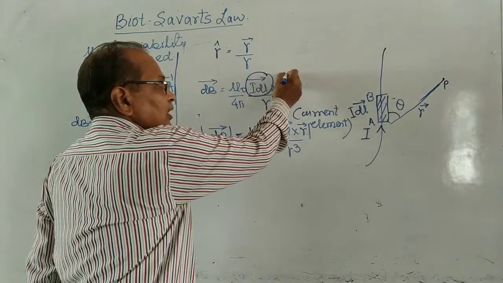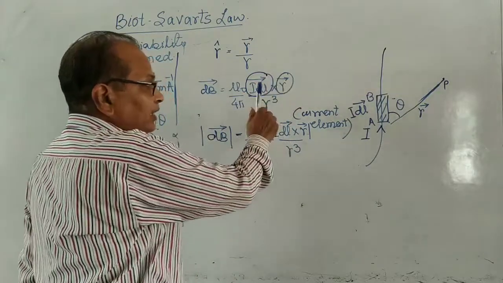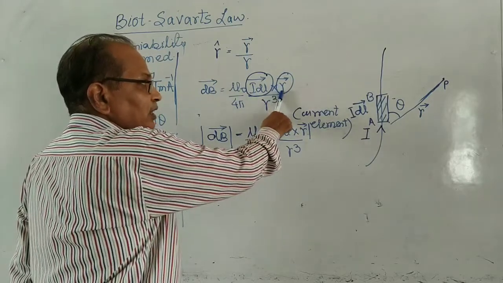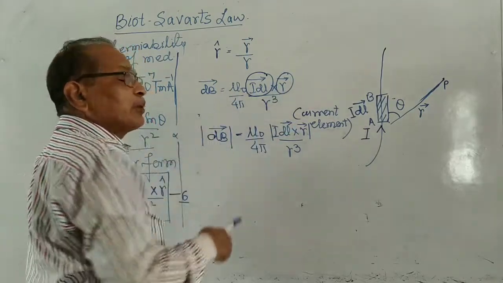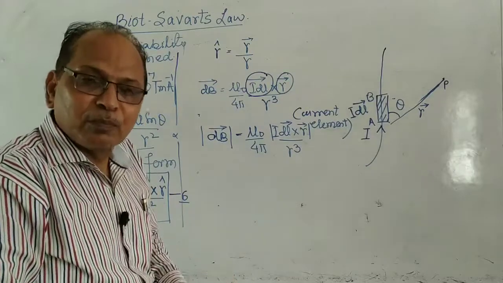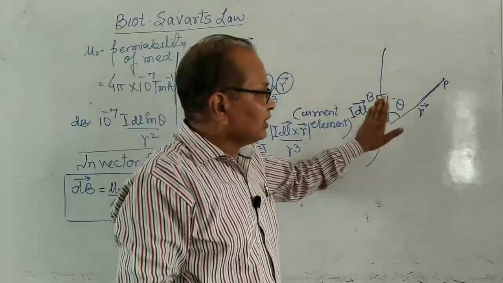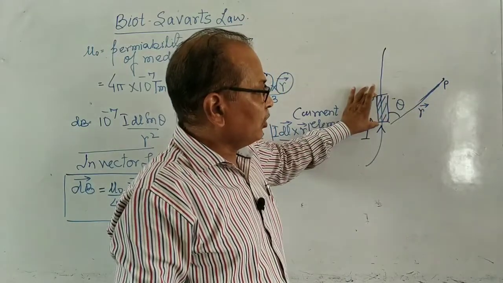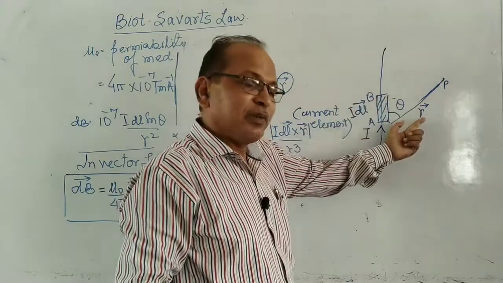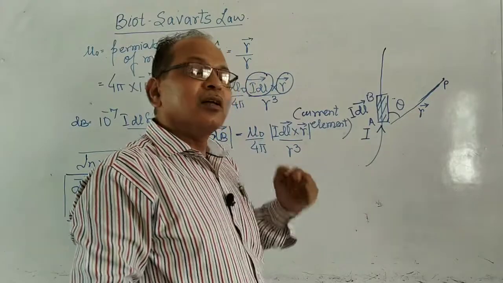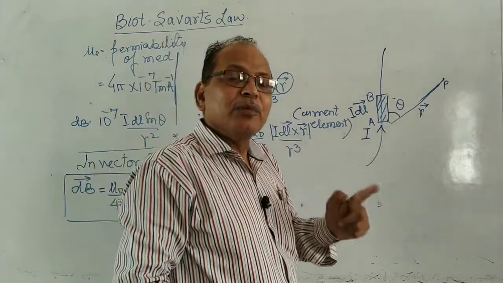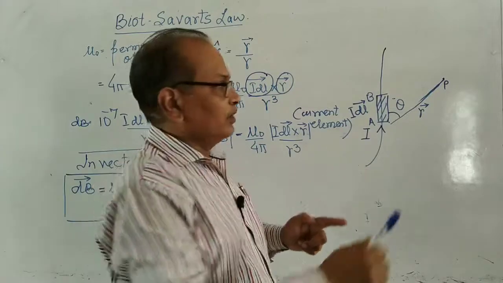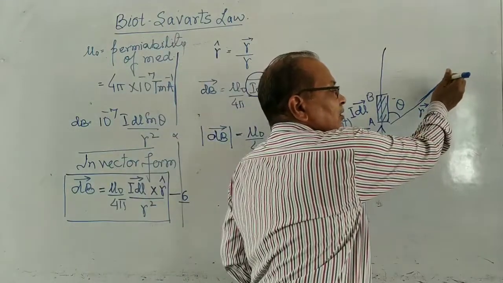This vector and this vector, the plane containing I dl current element and the displacement vector, the dB is perpendicular to that particular plane. So if this is the two-dimensional plane having the small current element and the displacement vector, then the magnetic field intensity will be perpendicular to both vectors, that is like this.